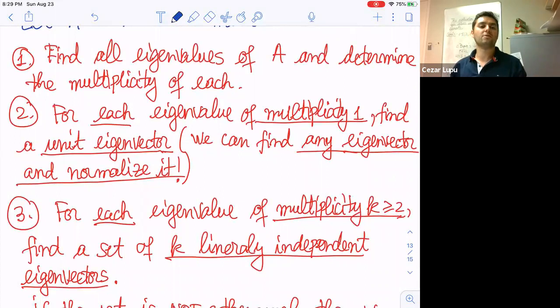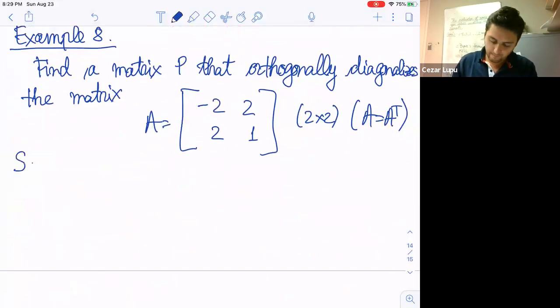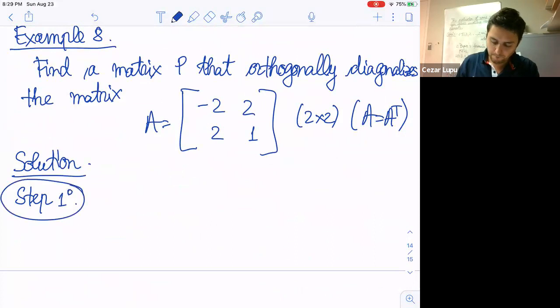The first step is to find all eigenvalues of A and determine the multiplicity of each eigenvalue. Okay, let's do it. Step 1. We want to find the eigenvalues.